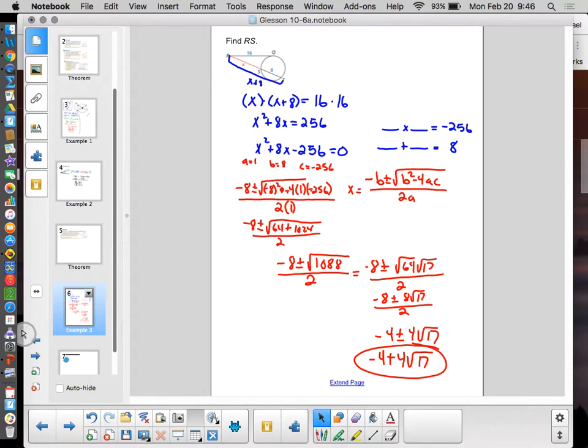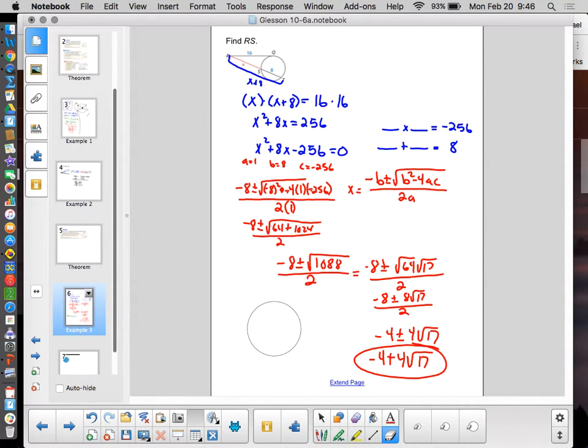So checking my work, 16 squared should be about equal to 12.5 times 20.5. 256, yep, that works out. That is the correct answer.